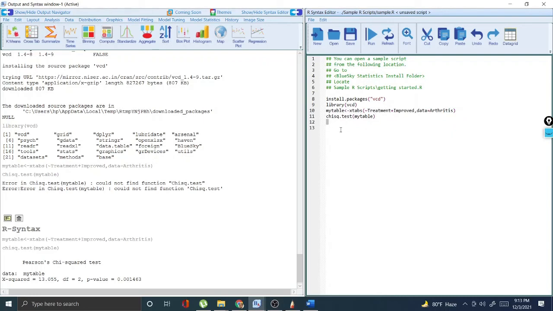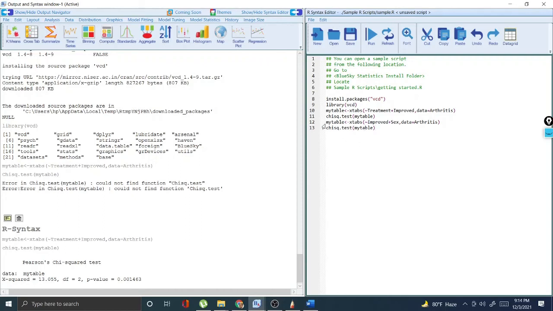If I paste it here, my table xtabs improvement plus sex. I would like to go for the sex option, the gender based option. So sex, and the data is Arthritis, and the same chi-square test on my table.